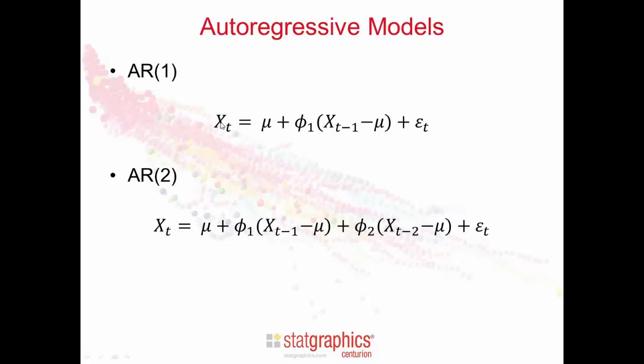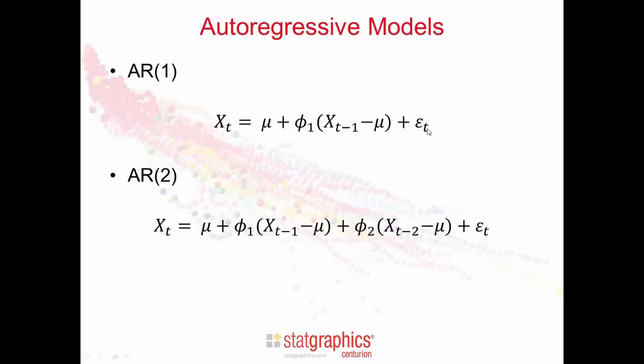Actually, a first order and a second order autoregressive model. The first order autoregressive model says that the observation at time t is equal to a mean plus some multiple of the deviation from the mean in the previous time period plus a random component.